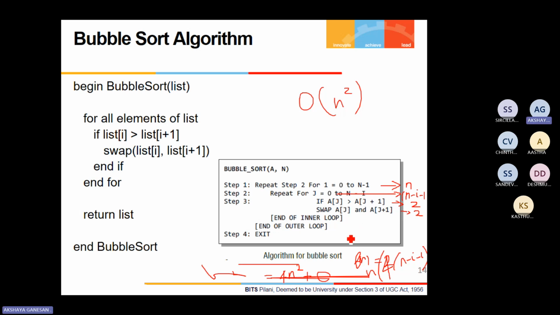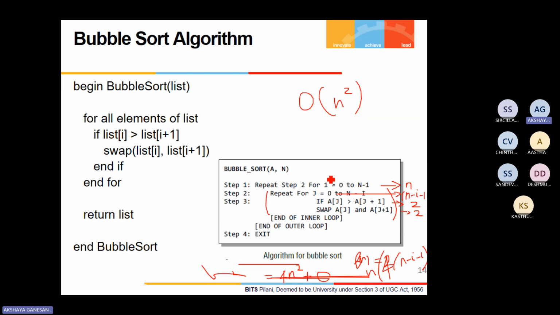Though the second time the number of iterations keeps reducing, this one, first time it will run only for say 5 times, second time it will run for 4, third time it will run for 3. That is how it will run. But still we will always take the maximum time complexity, right? So that is why we are taking n.